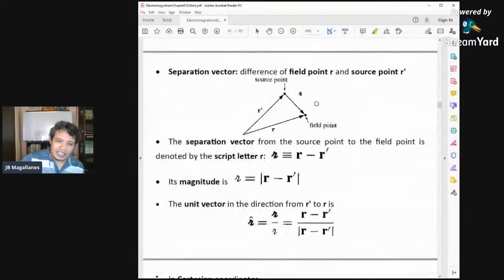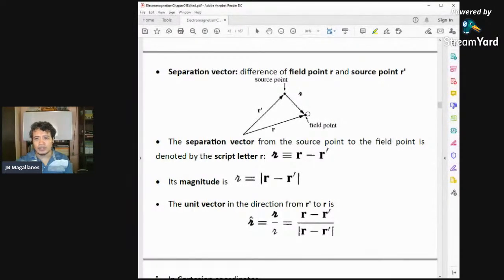We also encounter the separation vector. We discussed this in the previous lecture. You have a position r. This is the origin, and this is your source point. This source point could be a charge emanating some fields, and then you measure that field at this point.